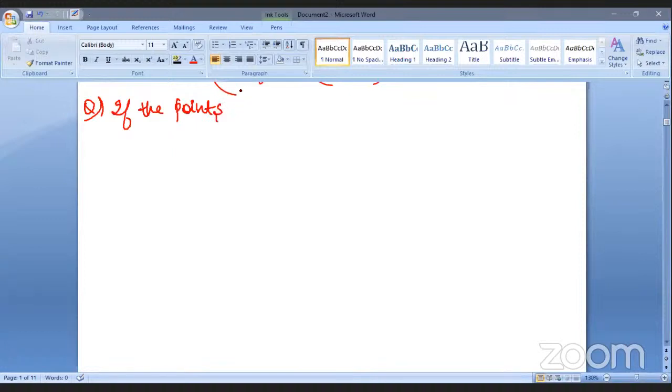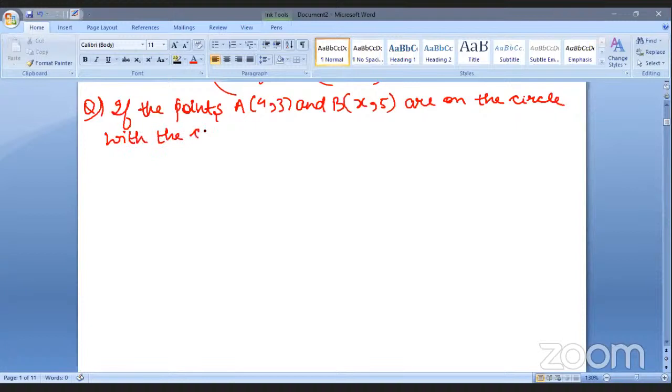If the points A (4,3) and B (x,5) are on the circle with the center (2,3), find the value of x.